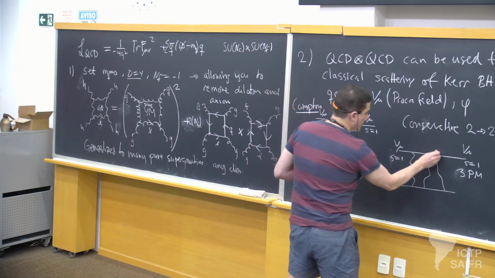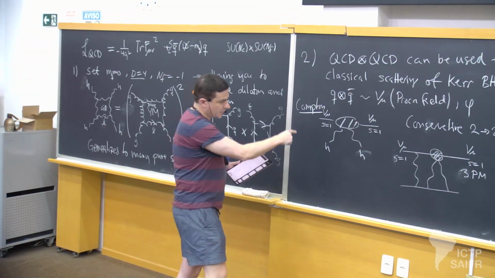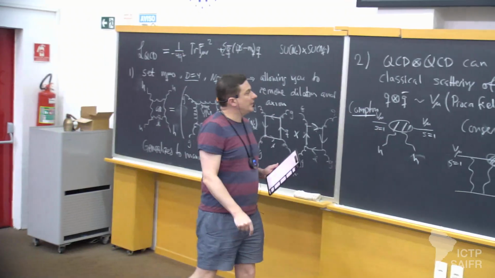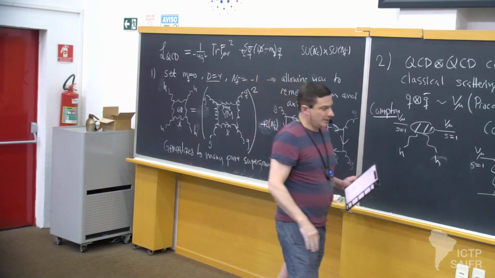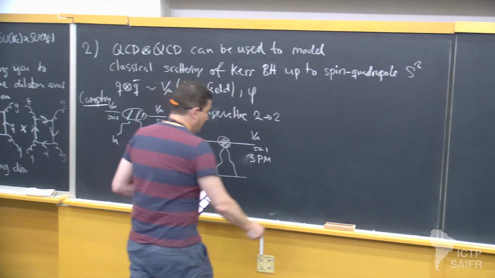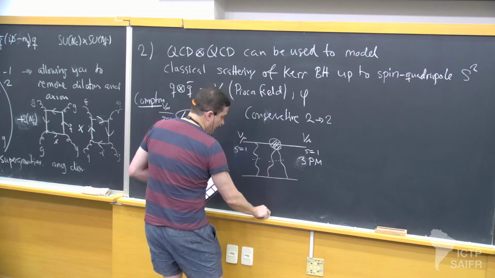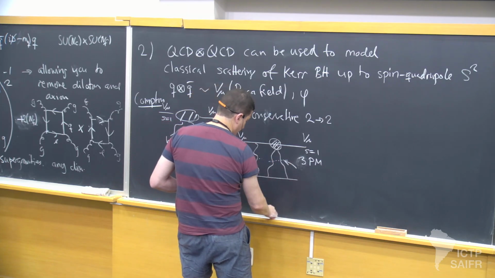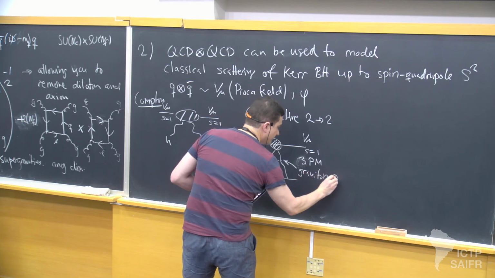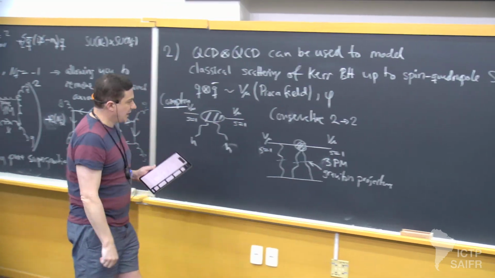And here, you would need the precise structure of the Compton interaction. I should point out that in this QCD times QCD double copy, there's lots of states that you don't want. There was the axion, there was the B field, and all of that. So you have to fix that by always cutting these lines here and then inserting graviton projectors, so you make sure that you're only propagating gravitons.